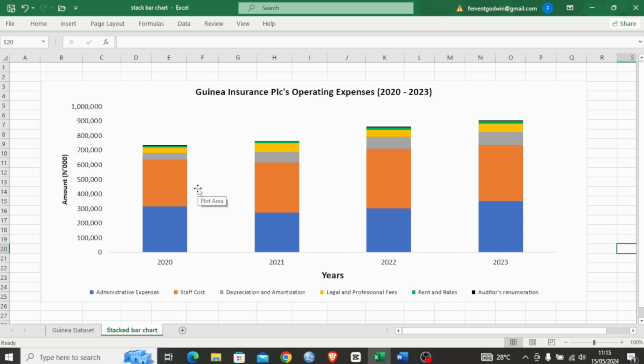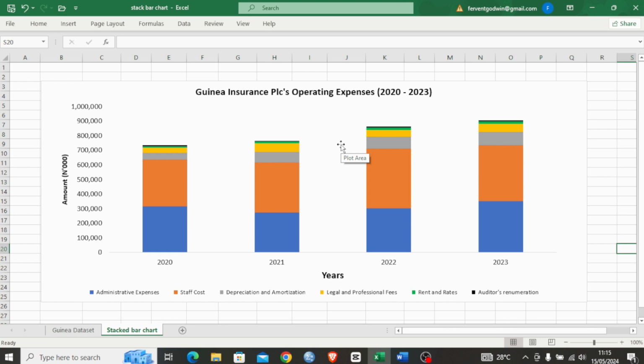So if we want to know how well this company is performing, or how badly they are performing, we'd have to compare the operating expenses for each year to several other companies in the same industry to say, okay, these people are efficient when it comes to their operations.